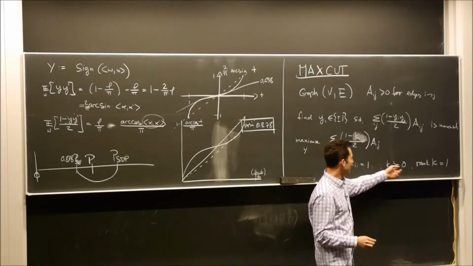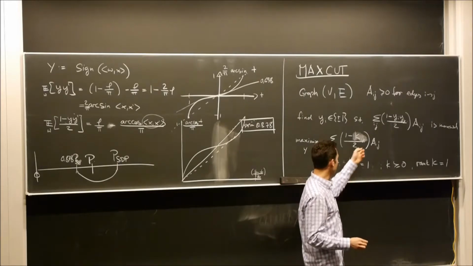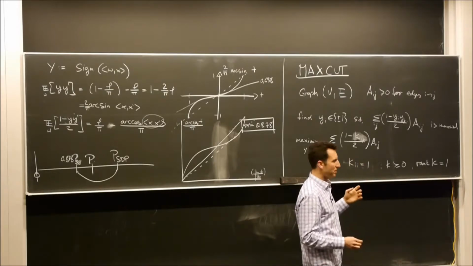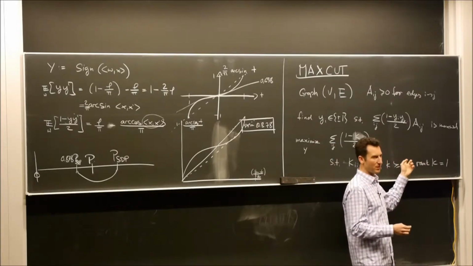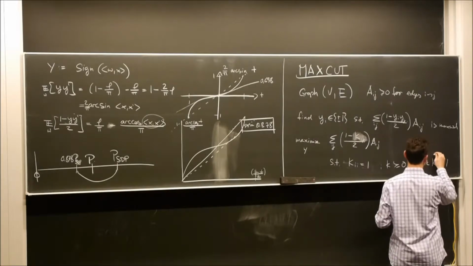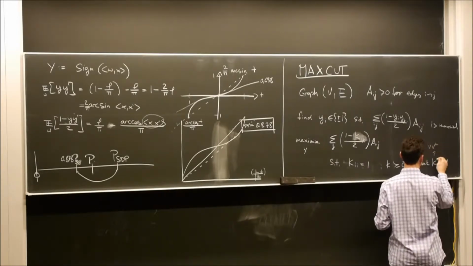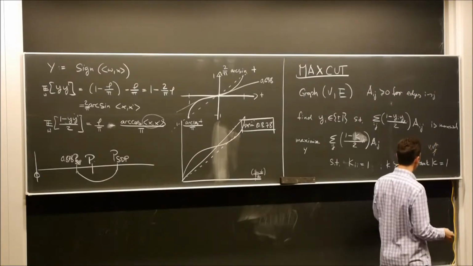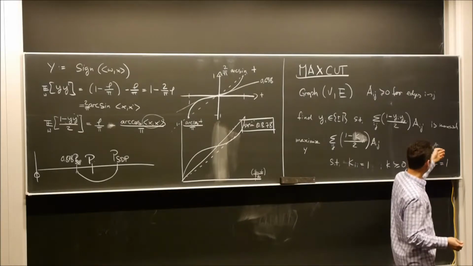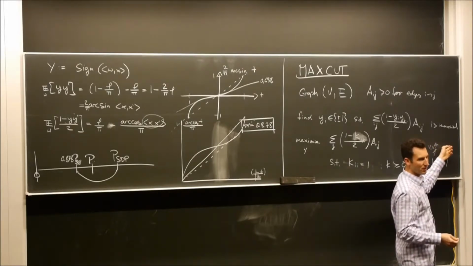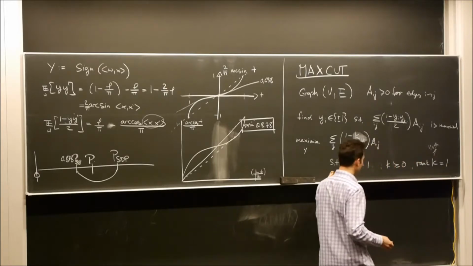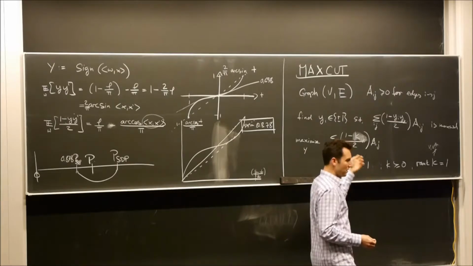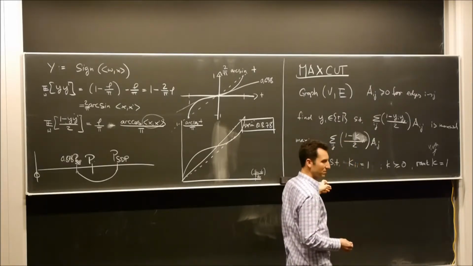You can immediately see that those conditions imply that Kij has to be written as yi yj. Because if the rank of a matrix is 1 and it's positive semidefinite, I know that it has to be written as v v transpose. In other words, Kij is vi vj. Knowing that Kii equals 1 means vi squared equals 1, so vi can only be plus or minus 1. So this is an equivalent problem to the MaxCUT problem.